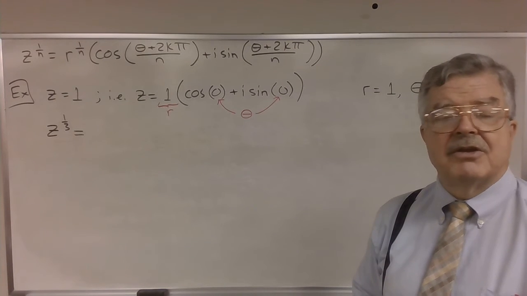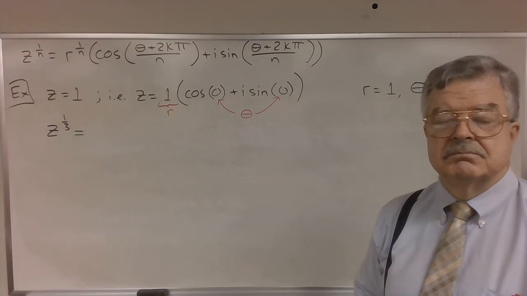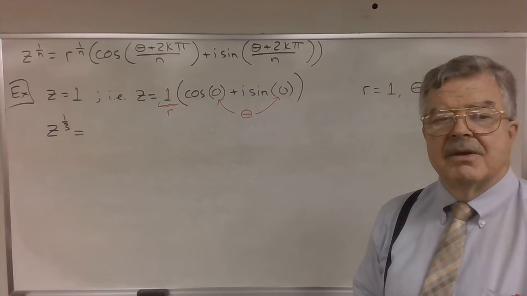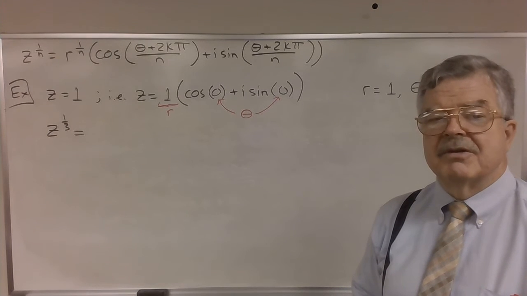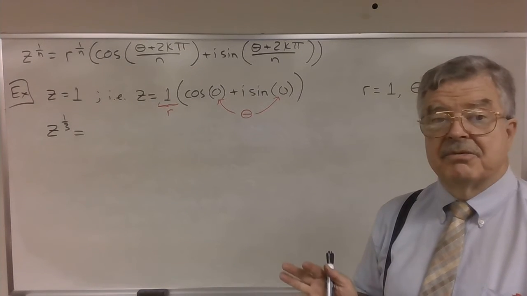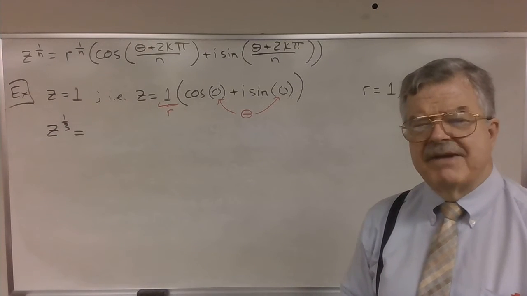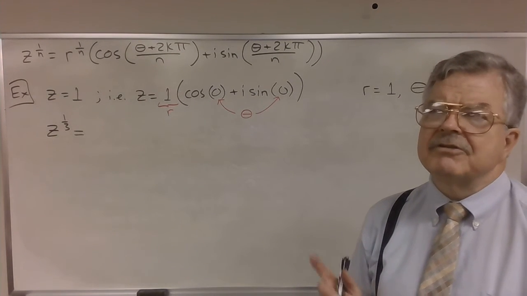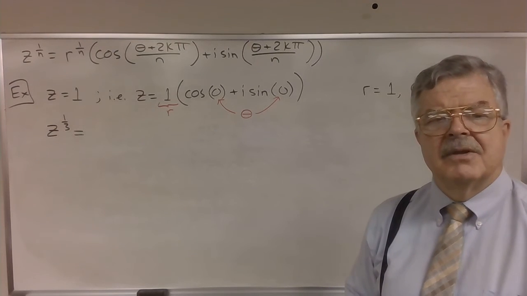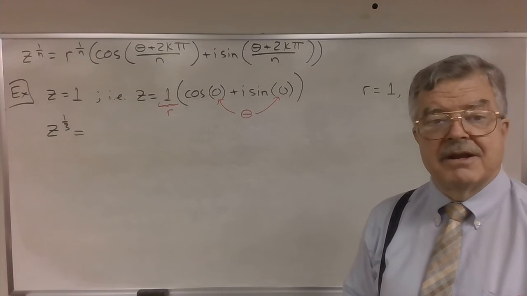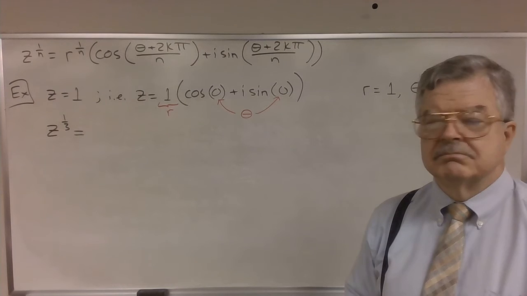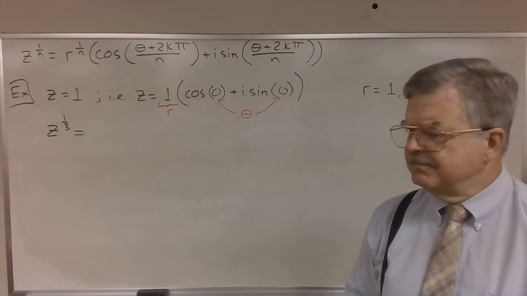Like, let's say the cube root of 8. Well, it's 2. Or the cube root of 27. Well, it's 3. Or maybe the cube root of -8. Well, that's -2. Or the cube root of -27. That's -3.